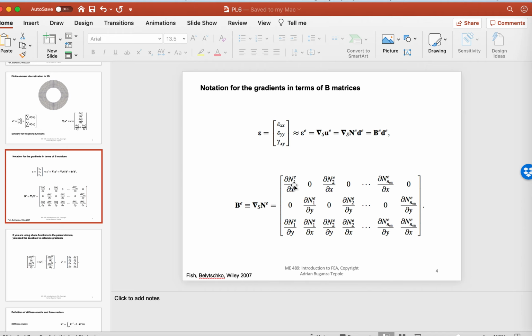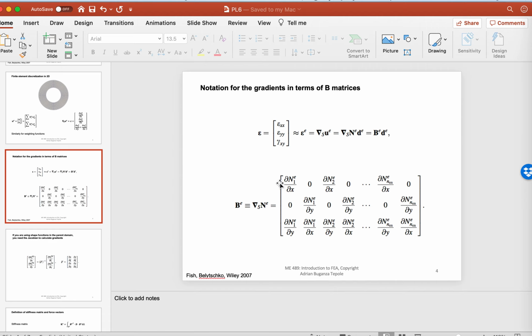And because the shape functions were linear over the element, we didn't need to do any integration, so we didn't need any sort of quadrature rule. But for the quadrilaterals, we do, and that entails one basic problem: we cannot easily define the shape functions in terms of x and y. What we will have is the shape functions in terms of the parent domain coordinates xi and eta.